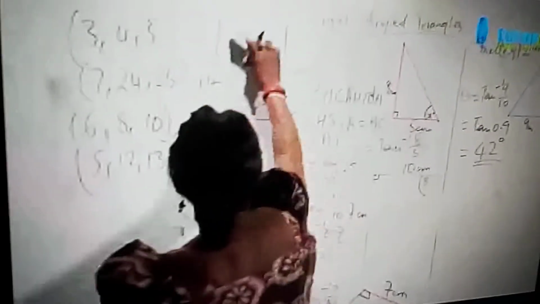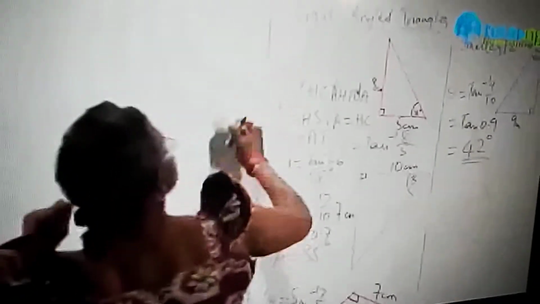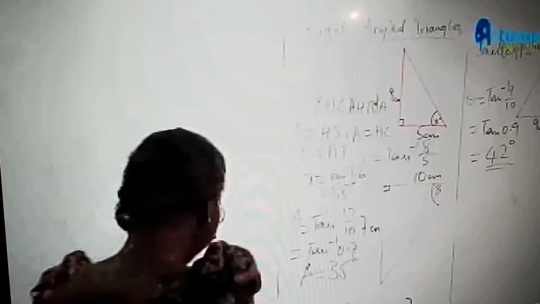So let's pick out all the things we have in that question. First of all, we have the boy standing 20 meters away from the tree. Now, there is a picture in your GS2 book.